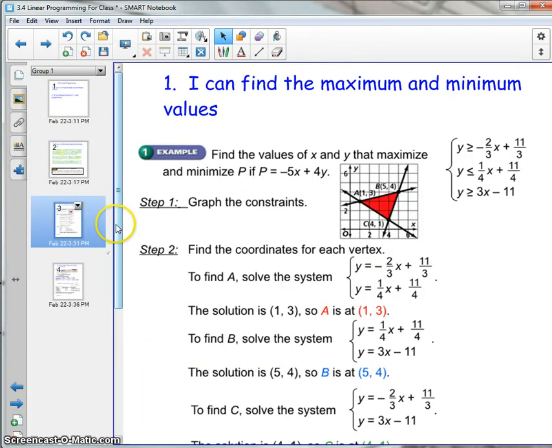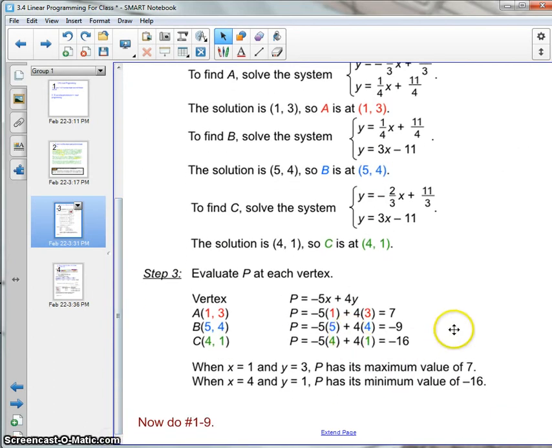So in order to find our maximum and minimum for our equation given, we want to look and see which values are the highest and lowest. And we see that 7 is greater than negative 9 and negative 16. So when x is 1 and y is 3, which was our vertex here, then P has a maximum value of 7.